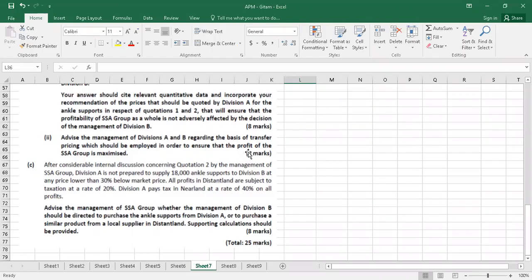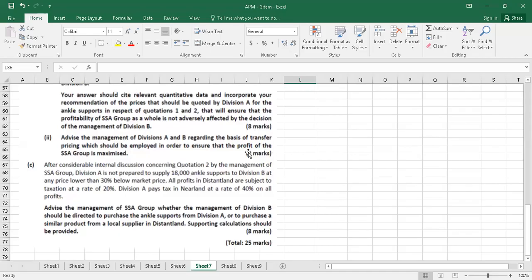All profits in distant land are subject to taxation at a rate of 20%. Division A pays tax in near land at a rate of 40% on all profits. So Division A does not want to compromise on the price. On all 18,000 ankles of the second quotation, they want to charge that same 10.5 per unit.